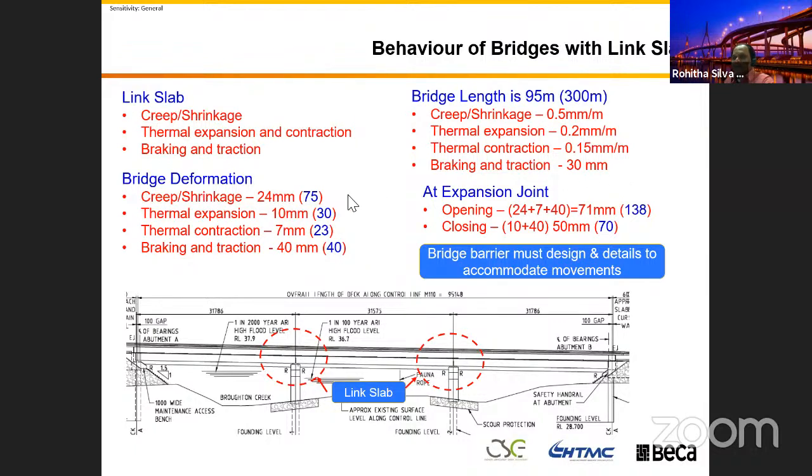When I calculate the deformation numbers, the creep is 24 millimeters. This is a very simple calculation because the creep in the 95 meter bridge is like a beam. It's maximum at the end and minimum at the center, if it is a straight line bridge.